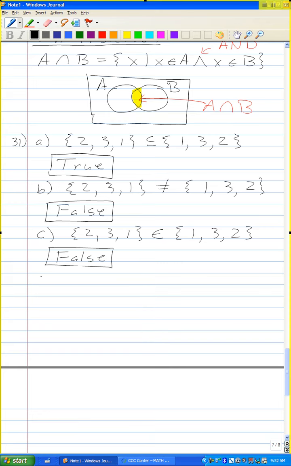So note that if it were, let's say, {5, {2, 3, 1}, 4}, that would be a true statement. If I wanted the whole set {2, 3, 1} to be a member of a set, then I have to list it.